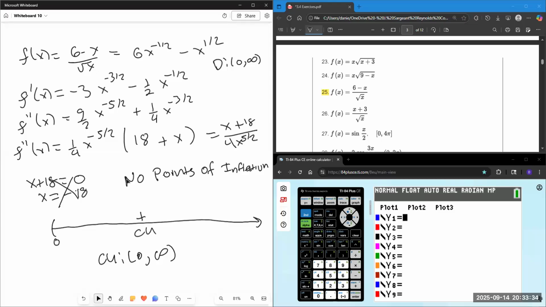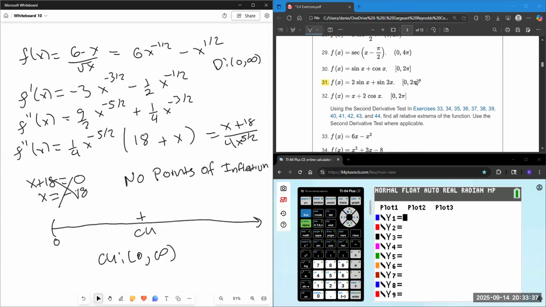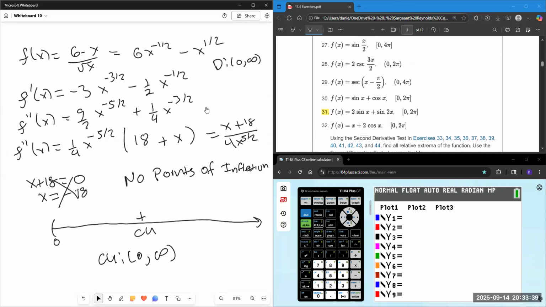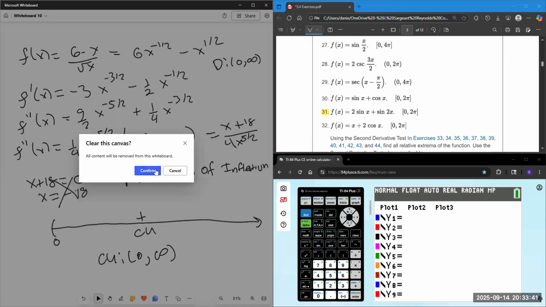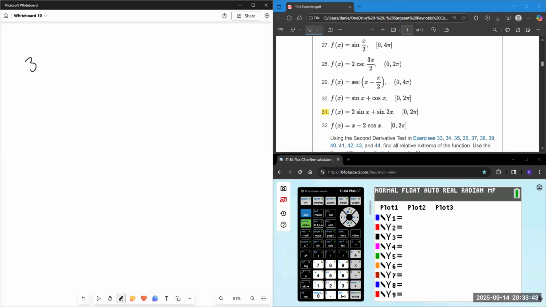All right. Looking now at number 31. It says f of x is equal to 2 sine of x plus sine of 2x, on the interval from 0 to 2 pi.